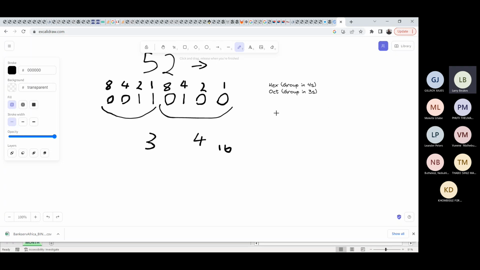So in octal, you can take it to this first, right? So we're going to have groups of 3. We need to start from this side: 0, 0, 1, 0, 1, 1. Now we group in 3s.